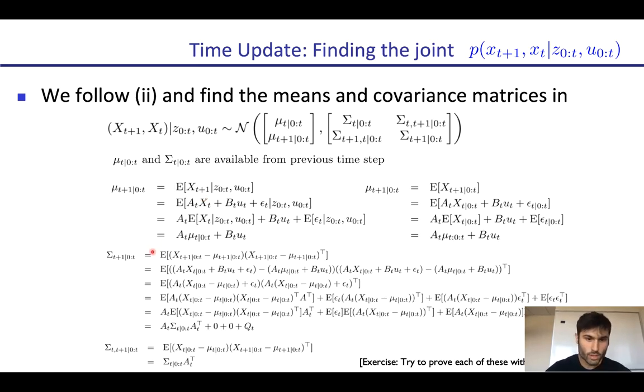You can work through all the covariances too, but by plugging in the formula of the dynamics, and since everything is linear, a lot of the noise terms cancel out, and what you end up with is that the covariance is A times the covariance of x_t times A transpose, plus the extra uncertainty given by the noise.